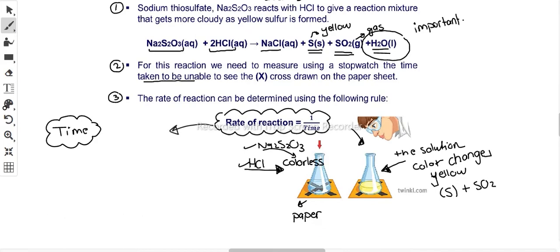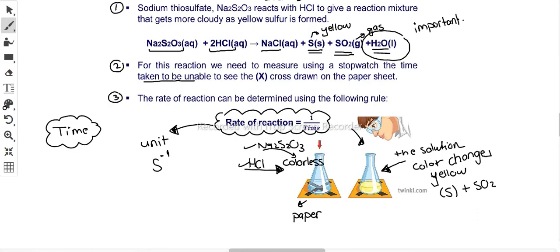And please remember this rule. It's so important. We will apply it later in the past paper. So what would be the unit of rate? It will be second to the power of -1. So from here, remember that if a chemical reaction occupies only a time, you're going to calculate the rate by having 1 over the time, which in this situation will be second to the power of -1.